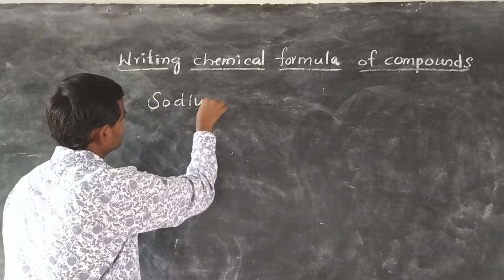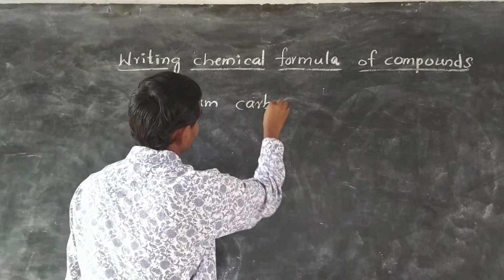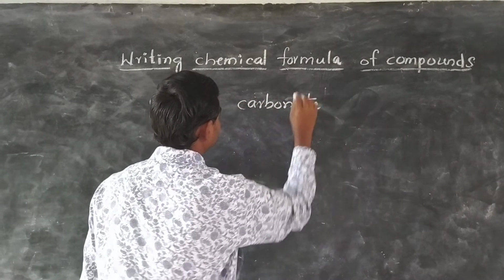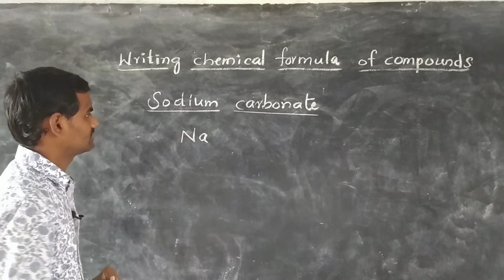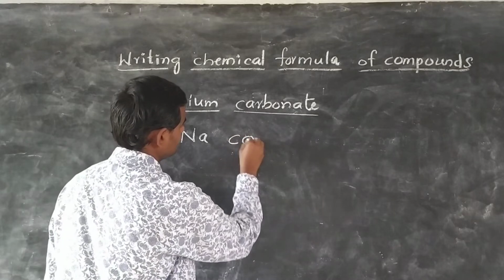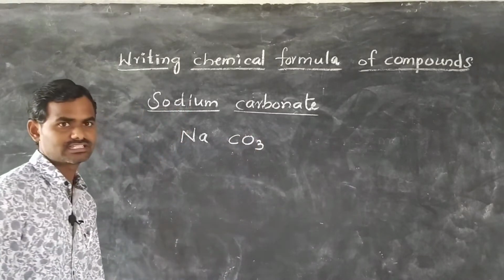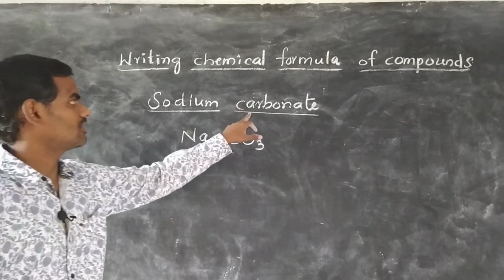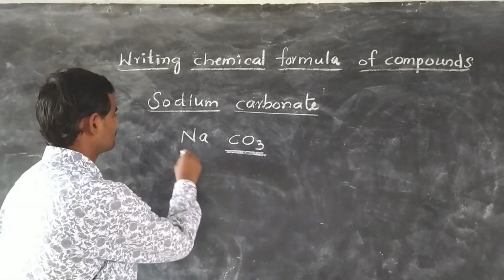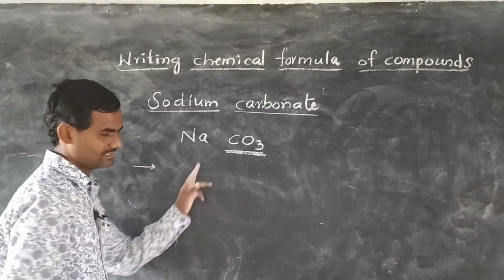Sodium carbonate. The symbol of sodium is Na, and carbonate is CO3. Okay? Sodium Na, carbonate CO3. For this we have to write the valencies.